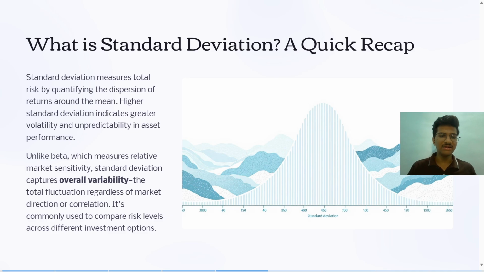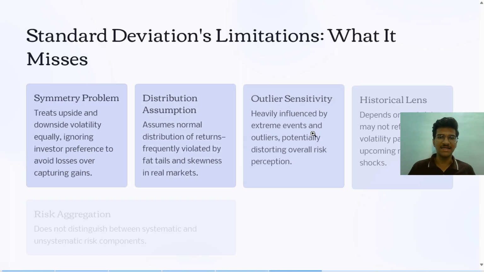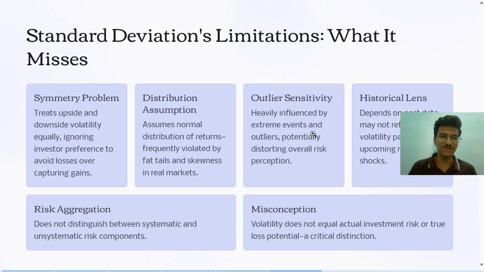One key thing to note about standard deviation is that having a high standard deviation does not mean that it is riskier, or that it is a bad thing for the investor. High standard deviation means high volatility. It could be high risk, high losses, high profit, or high volatility, any of the above. So it is one of those measurement tools which are profoundly used. Again, there are various limitations to these as well. So let's talk about standard deviation's limitations.